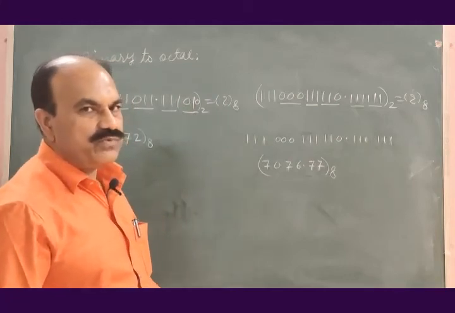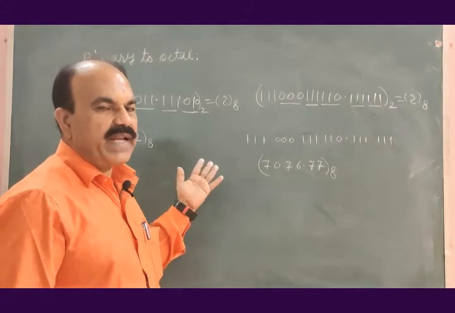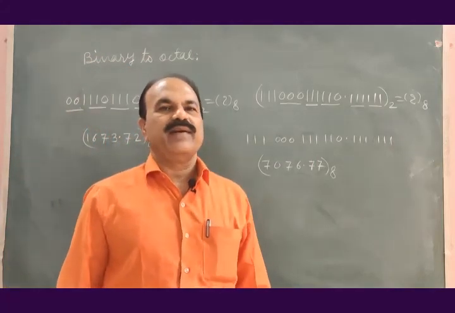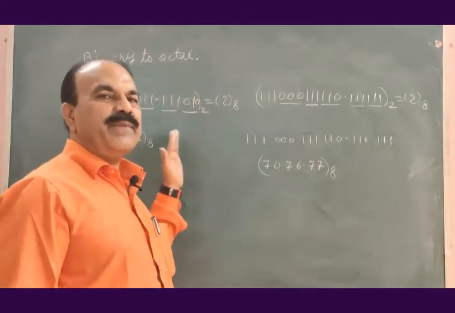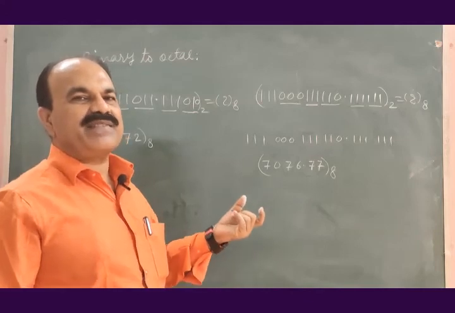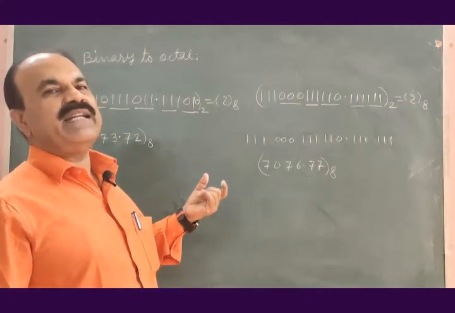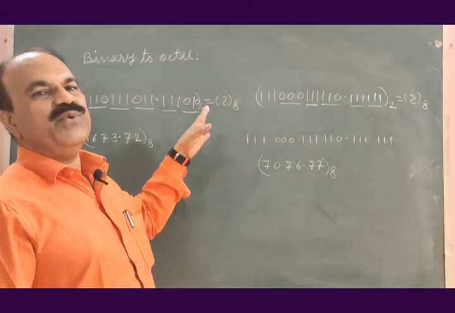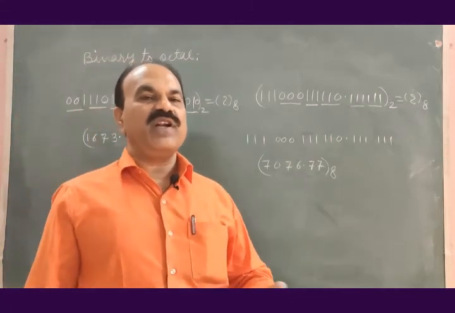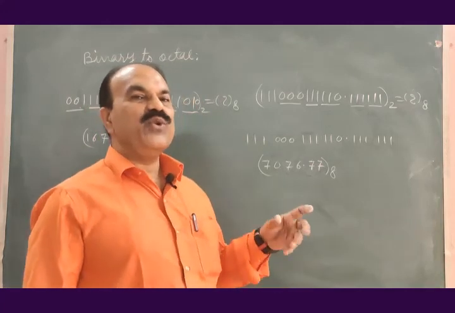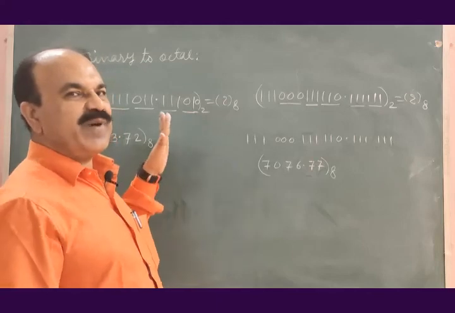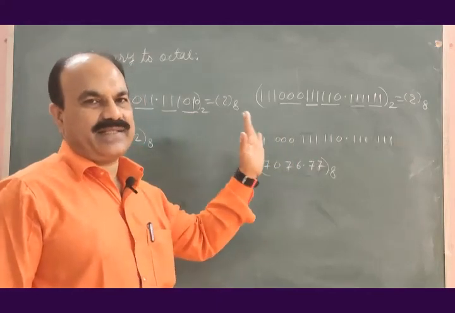What to do for conversion of binary to octal? Start from the binary point. For the integral part, move towards the left and make groups of 3 bits starting from the binary point till you reach the MSB. If you are short of 1 or 2 digits, add those number of zeros to the left. For the fractional part, start from the binary point towards the right side.